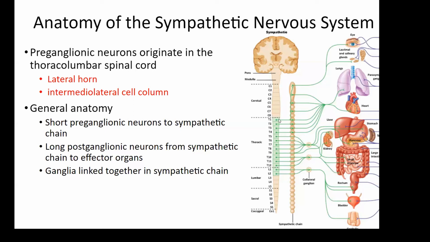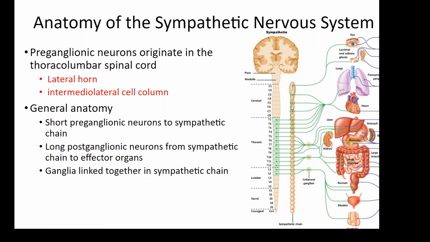So we'll have a short preganglionic neuron to the sympathetic chain. There we synapse with our postganglionic neuron. We've got the postganglionic cell body there, and then a longer axon coming out for our postganglionic cell out to our effector organs. That's our typical, most common formation for the sympathetic nervous system.